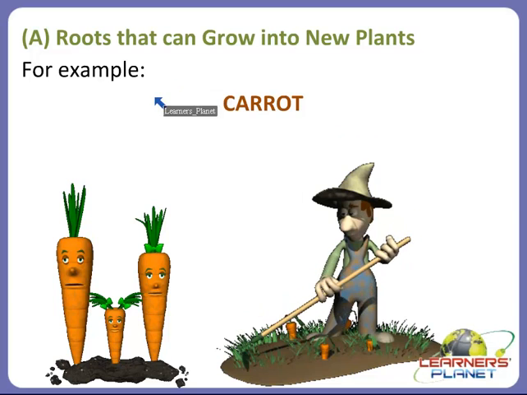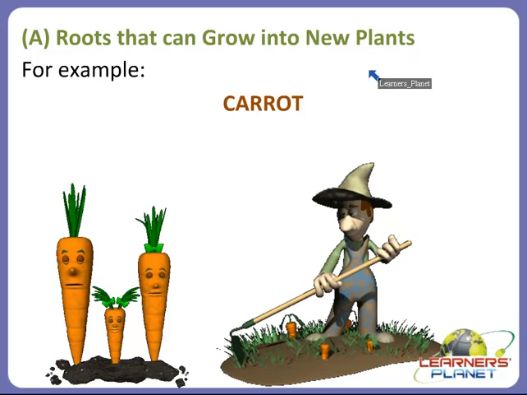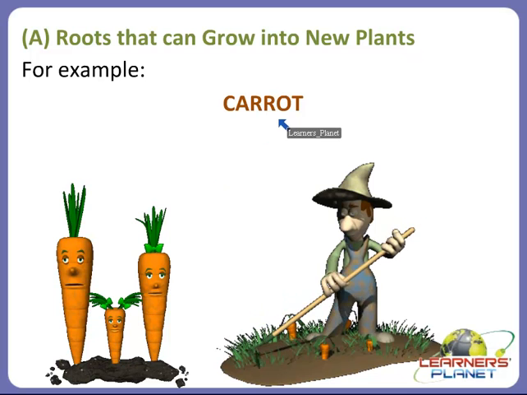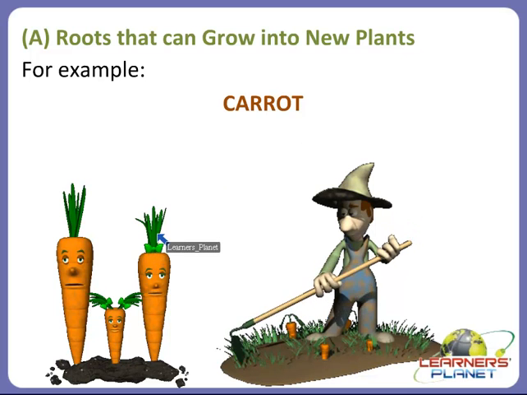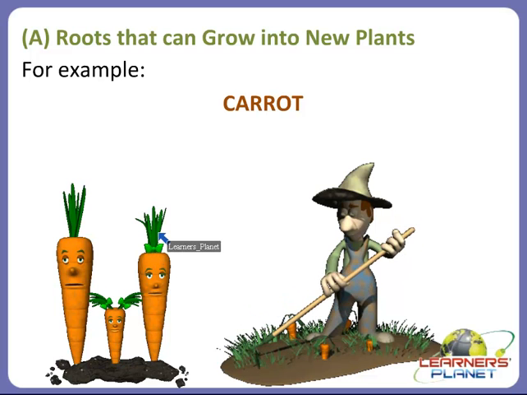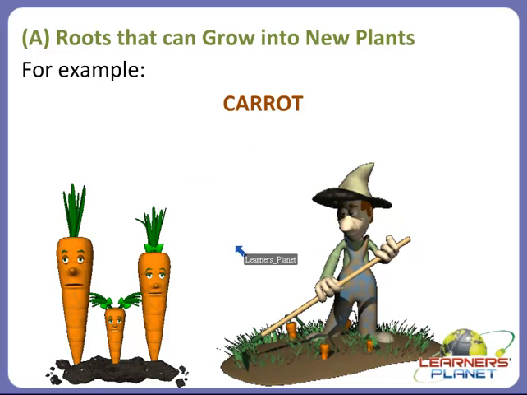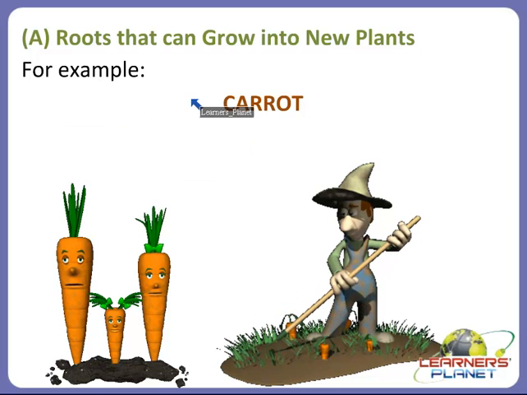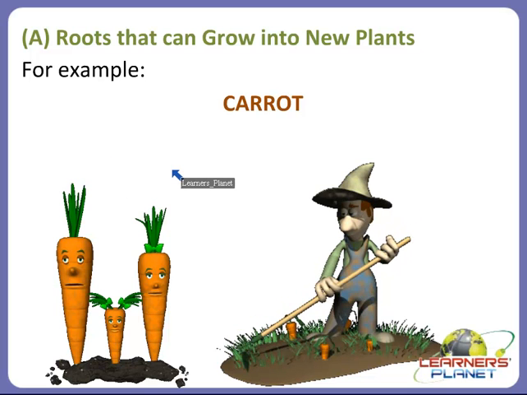So the first one is roots that can grow into new plants. We discussed the example of carrot, that the top portion of the carrot possesses roots, and because of these roots it is able to grow into a new plant, that is a new carrot. Right? In the same way, it also takes place in other plants.